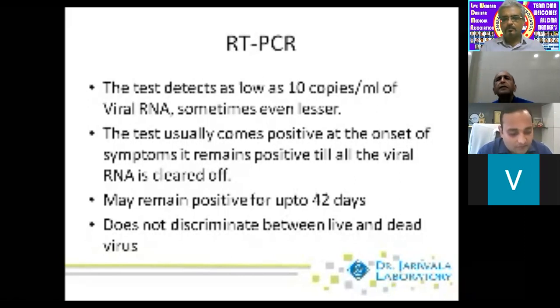There is a school of thought that if the CT value is high, I'll come to that later, that means the patient is highly infective, or if the antigen test is positive, the patient is infective. No, it is not like that. What we are detecting is the RNA. We are not detecting if the virus is alive or dead. So this is a very important point which I want to make. Next slide, please.